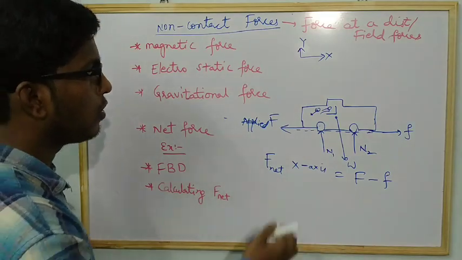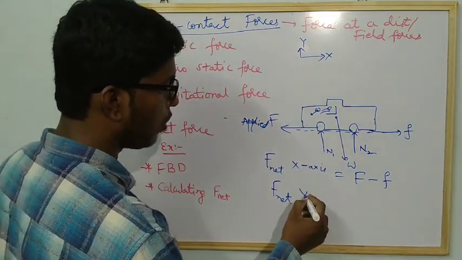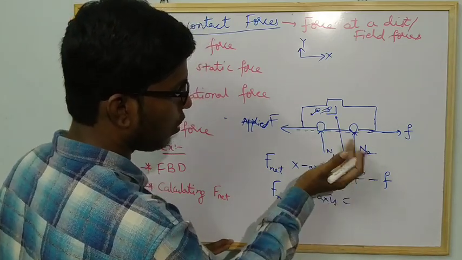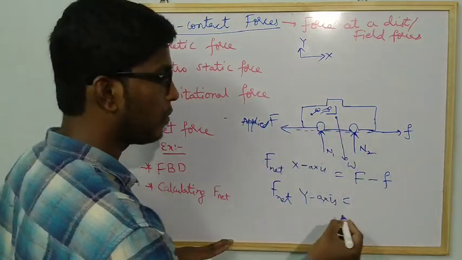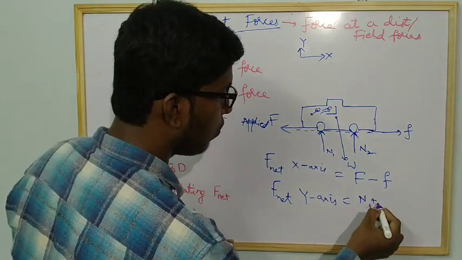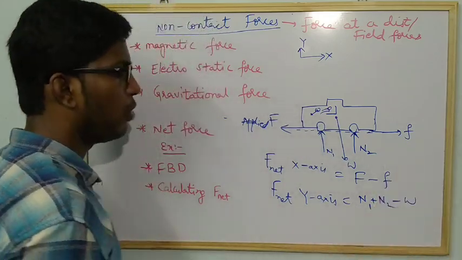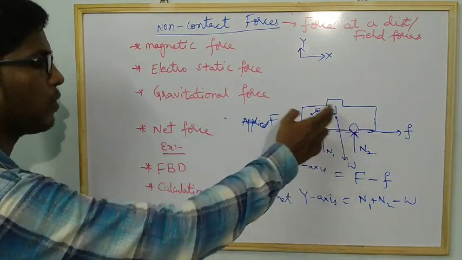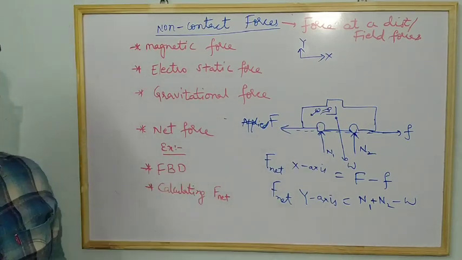That is the net force, denoted with F net. What is the net force acting on the y-axis? You observe that the normal forces are acting in the same direction, so I will add them like this: N1 plus N2, and weight is acting in the downward direction, minus W. This is the way to calculate the net force, and this diagram is called a free body diagram. Let us discuss some more examples.